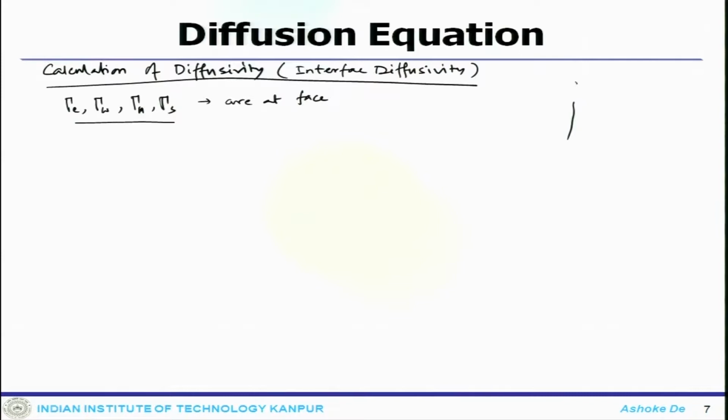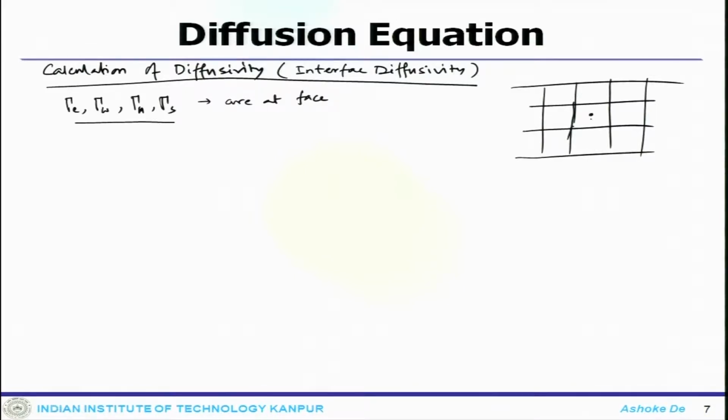If you again look at this cell and the corresponding stencil, this is my C, this is my east, north, south, west, and the faces like this, W S. Now, it is important that this gamma, or gamma phi, can vary with position.